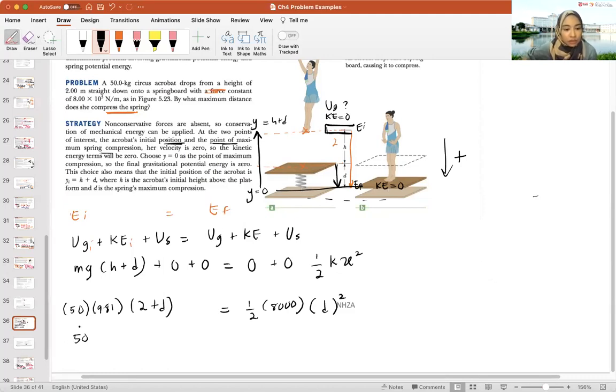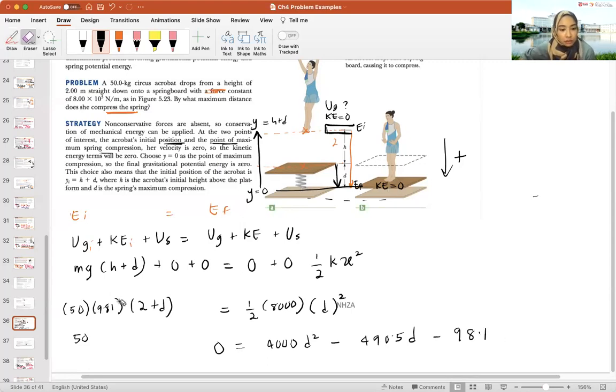Okay, so let's continue. So 50 times 9.81 times 2 plus d. So we would have a quadratic equation here. This becomes d squared, so this is 4,000 d squared. This is minus 50 times 9.81 times d, this is minus 490.5 d. So I expand this equation, and then 50 times 9.81 times 2 becomes minus 981.